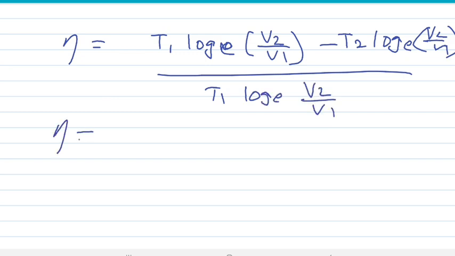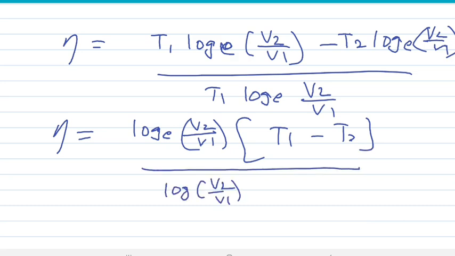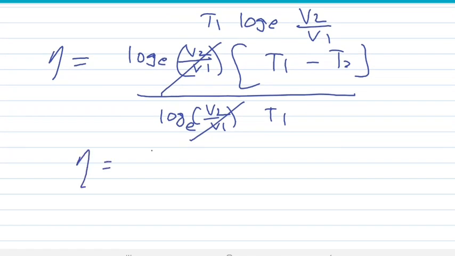Now I can take log base e V2 by V1 as common, and I get T1 minus T2 times log V2 by V1 over T1 times log V2 by V1. So this log term will be cancelled. At last, I got the equation eta is equal to (T1 minus T2) by T1. So this is the formula for the efficiency of Carnot's engine. Very simple and also very important.